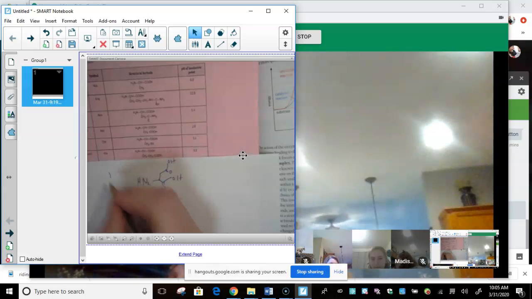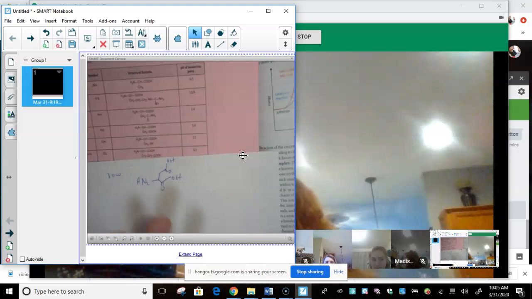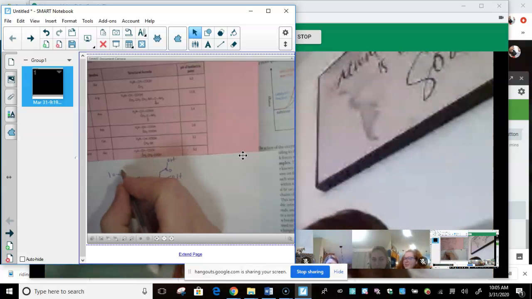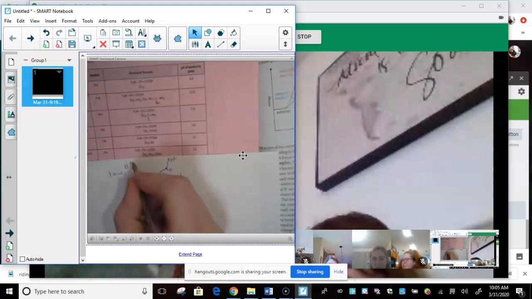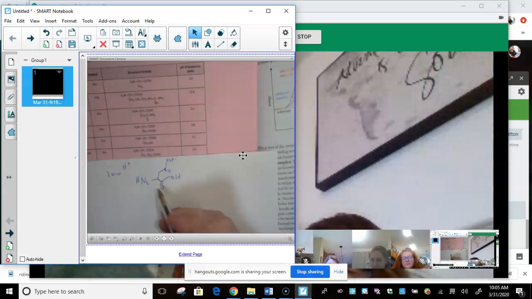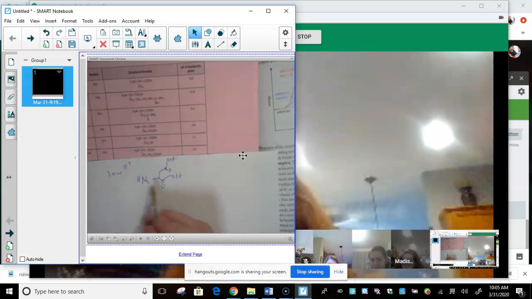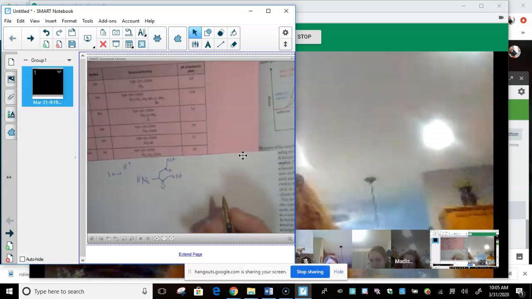So I'm just going to write 0 H pluses. You're not going to be asked to visualize; I'm just showing this as a visual to help you figure it out. So low H plus, so I'm not going to draw any H pluses. That means the H pluses are going to be lost from our amino acid. Do we take them from the amine or from the carboxylic acid? We take them from the carboxylic acid.